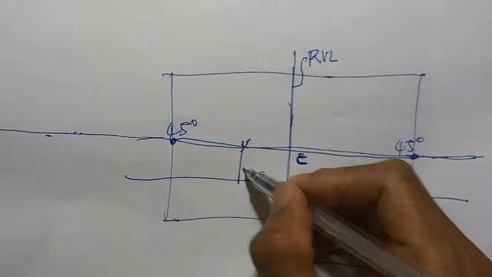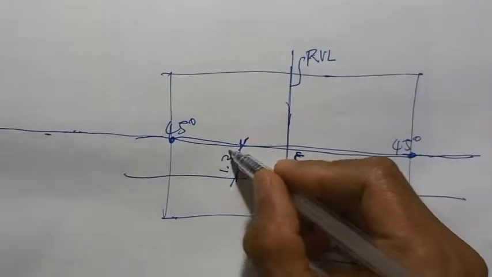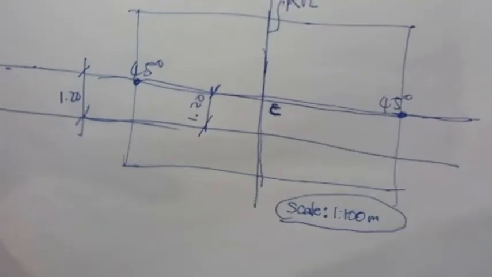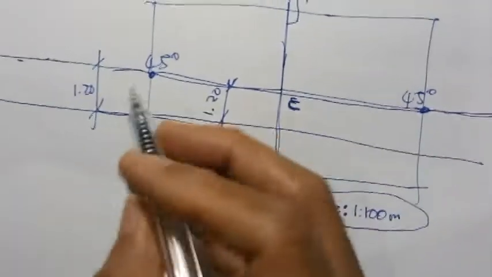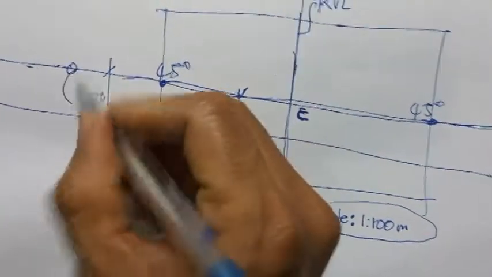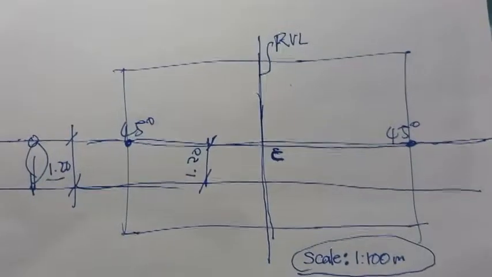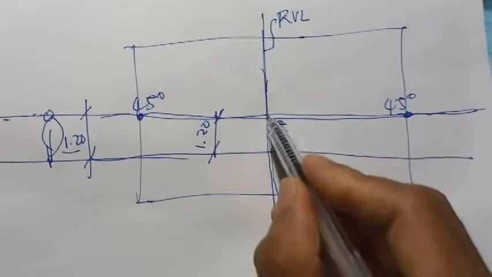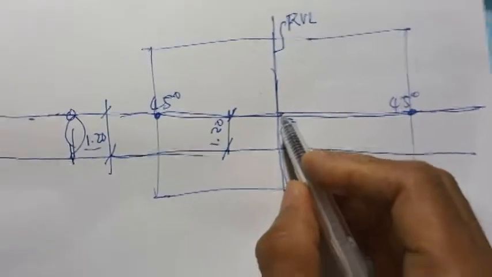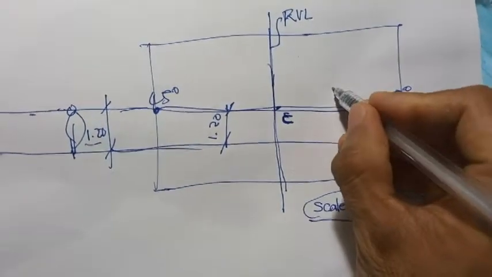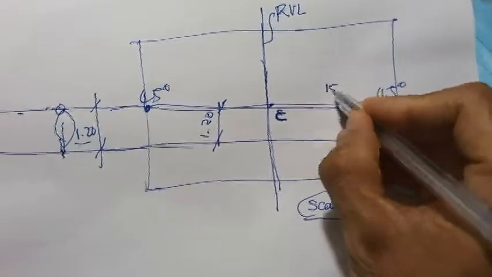Unit marks fall along the horizontal line. 1.20 meters, this is the height of the viewer. Since the focus of the viewer hits the wall at the back, that's why we come up with these two vanishing points: 15 degrees and 75 degrees vanishing points.